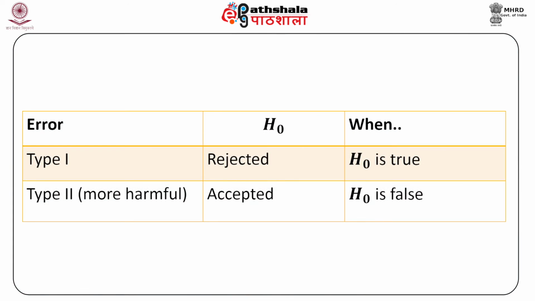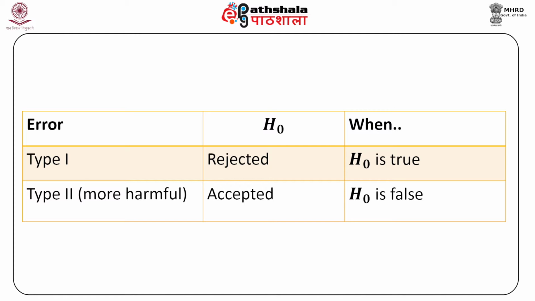So, before continuing further, let us take a look back at the types of errors which are committed in testing procedures. I am sure you know we can have type 1 error and type 2 error. In this table, we have the first cell, which is of type 1 error, where the hypothesis is rejected when it is true, and the last cell, where H is not rejected when it is false.